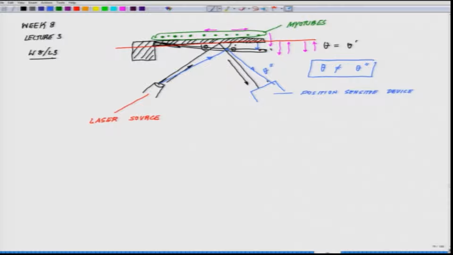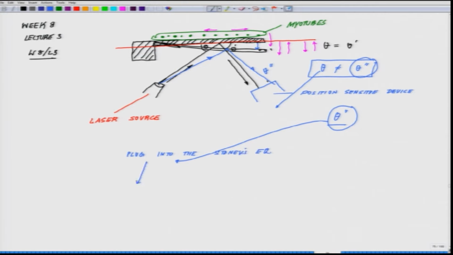Now, that will tell you this value. Of course, you know this value, which is 0. So, this theta prime value is the value you have to plug into the Stoney's equation, and this will give you the force generated by the myotube.